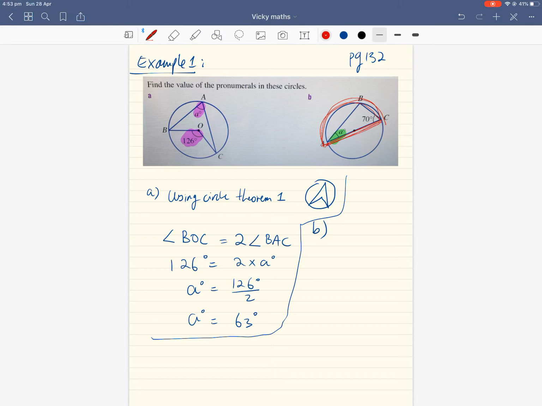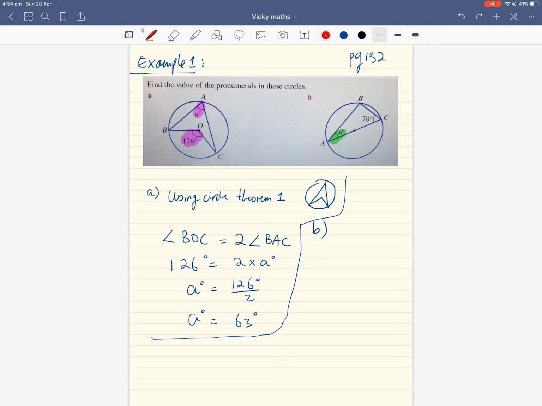So using circle theorem number 2, if I have a semicircle, a diameter, and then I'm creating a triangle where the third point of the triangle is at the edge of the circle, then that angle must be 90 degrees. And since we have a triangle, A plus 90 degrees plus 70 degrees must be 180 degrees. So we can use that to solve what A is.